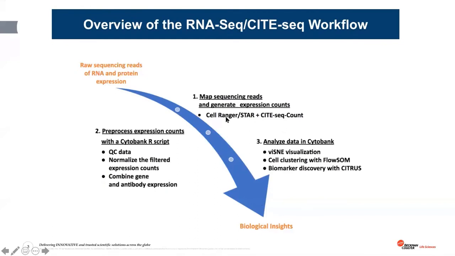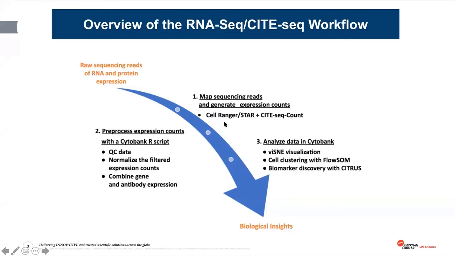In step 1, you will need to map those raw sequencing reads to a reference genome, and then generate the raw expression count for both your RNA-seq and protein expression matrix. I list the possible tools that you can use in this step.